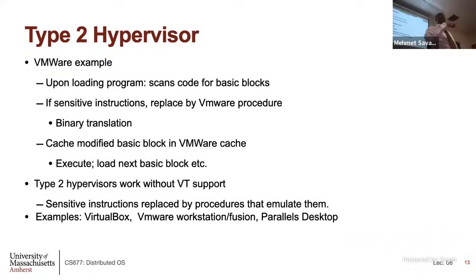You will essentially scan the code on the fly as the Windows or Linux is executing. Every time you see that there is a sensitive instruction that's going to be executed soon, you will go and replace that instruction on the fly. Okay, you look at the instruction and replace it with the equivalent function call. So when Windows makes the function call, that function call will actually call the VM library. Okay, and then the VM library will make a system call to the OS, the regular way, like any application, and do whatever the sensitive instruction needed.